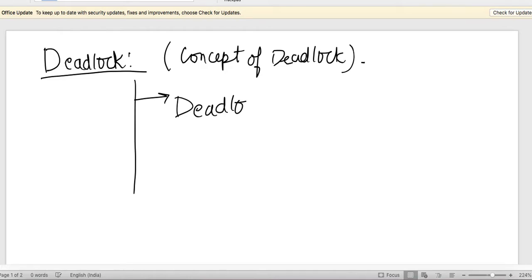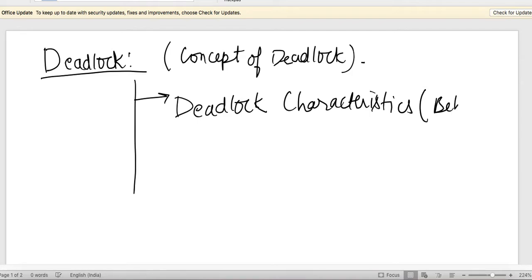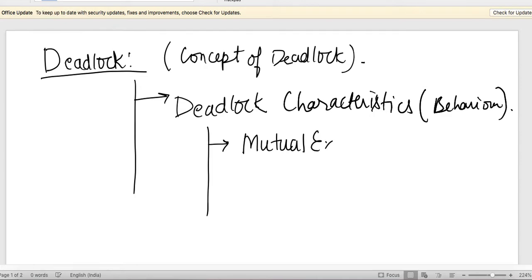deadlock characteristics, or we can say behavior. Okay. Now, in deadlock characteristics, we have 4 points. First is mutual exclusion. So, what does deadlock say? It says mutual exclusion should be there.